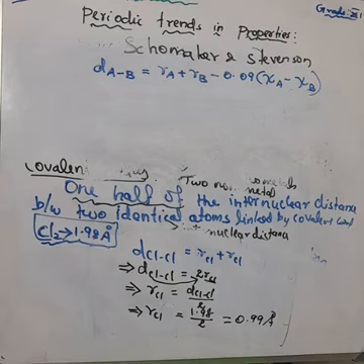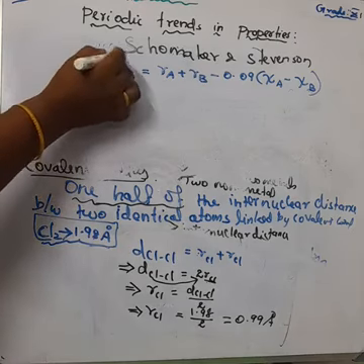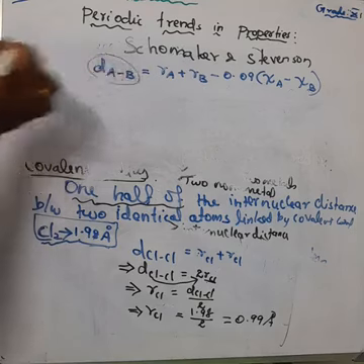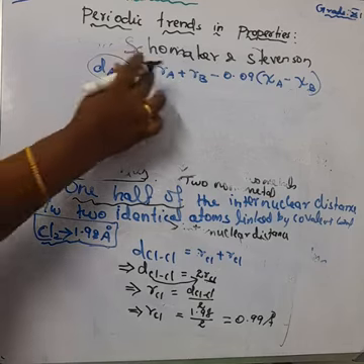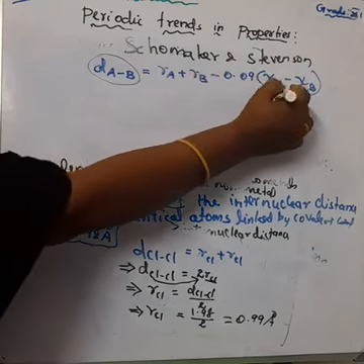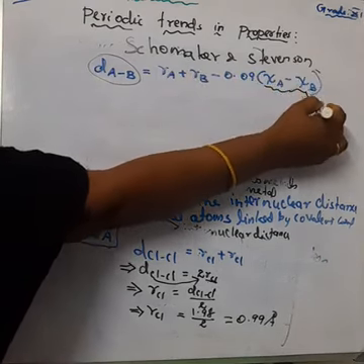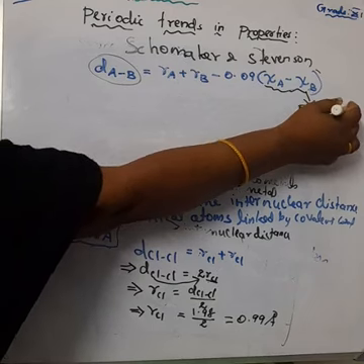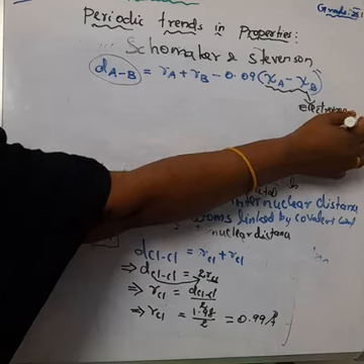Here D_AB is the internuclear distance between two different atoms, A and B. R_A means the covalent radius of one atom and R_B means the covalent radius of the other atom. Ka and Kb are the electronegativities of A and B, the two different atoms.